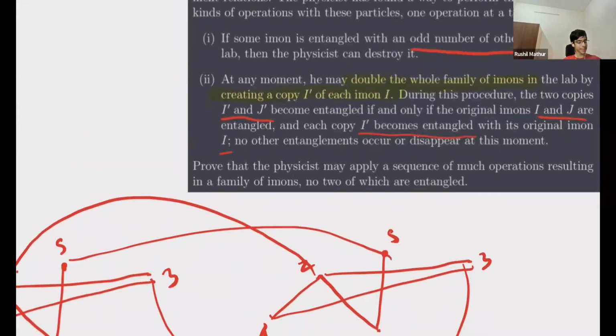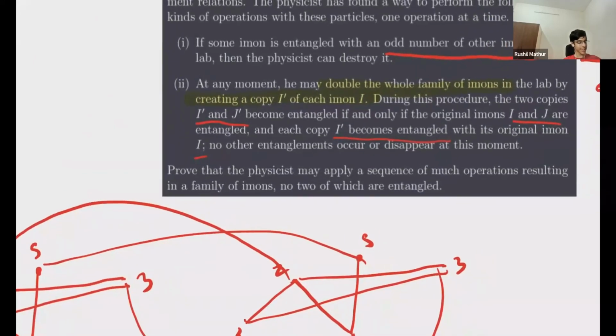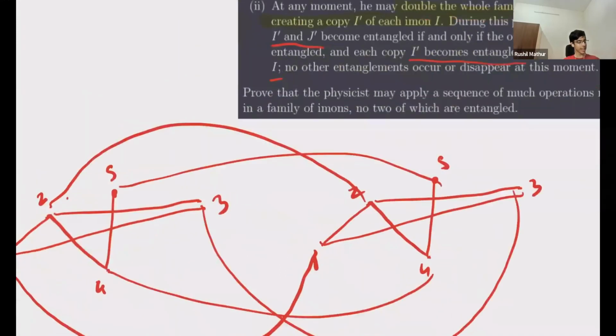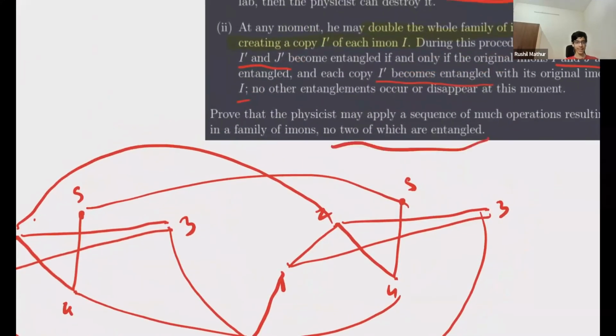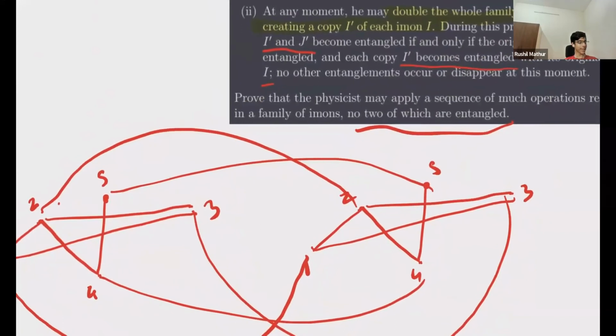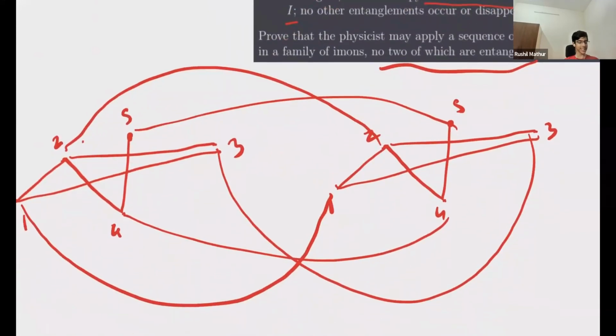Okay. And the question to prove is that the physicist may apply a sequence of these two operations, resulting in a family in which no two are entangled. So what will happen after this? You doubled everything, and the problem was we were stuck, right? Everything had become even degree.